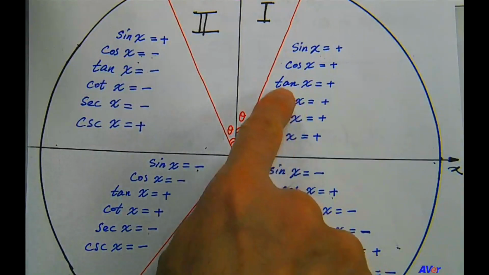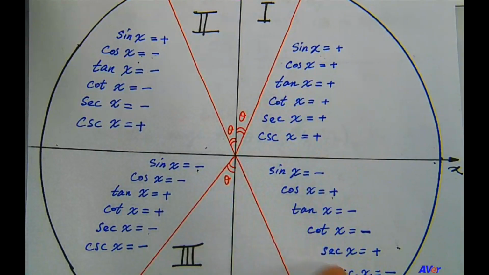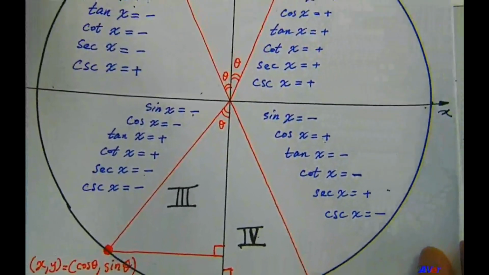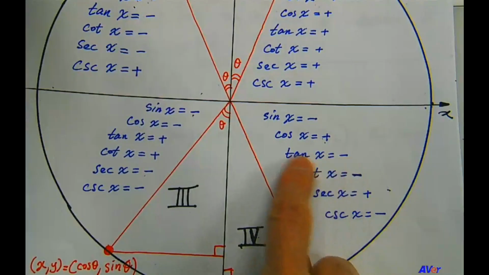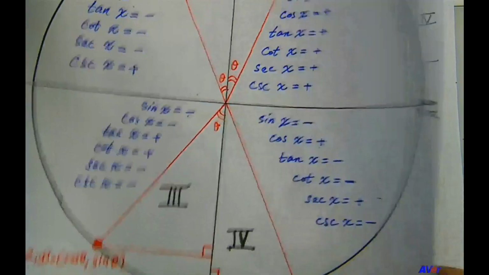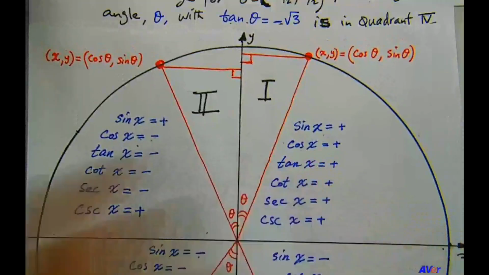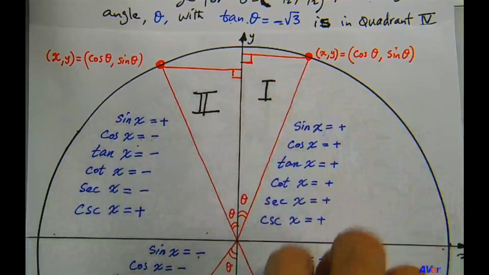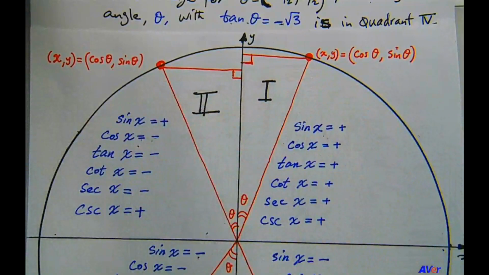The tangent in the fourth quadrant is negative, so we cannot be in the fourth quadrant. We're going to be in the first quadrant. And the nice thing about the first quadrant is the reference angles are equal to the angles we're looking for, only in the first quadrant, not in any of the other quadrants.